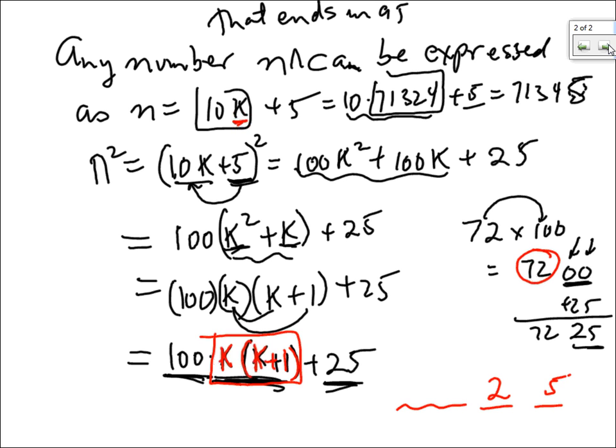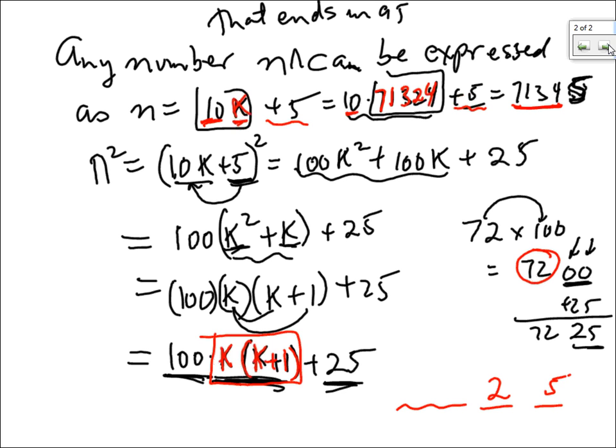And after all, here's 10, here's plus 5, that must be the k, 71324. It's everything but that 5. That's your k.